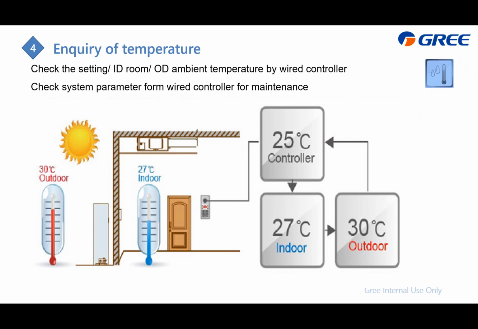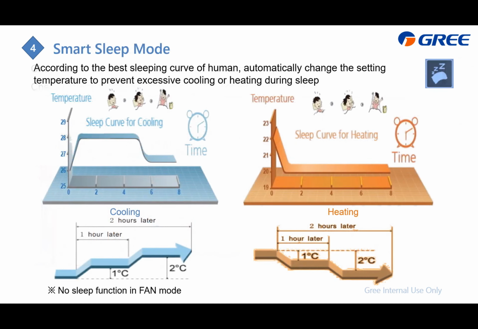It's very convenient. Sleep mode. This is to ensure you have a good sleep, and it is a little bit different for cooling and heating. The system will operate like this, which is to change your set temperature to ensure you have a good sleep.